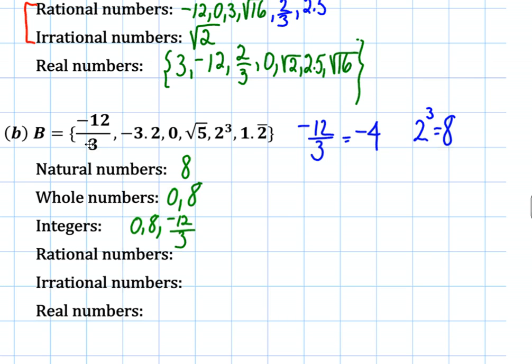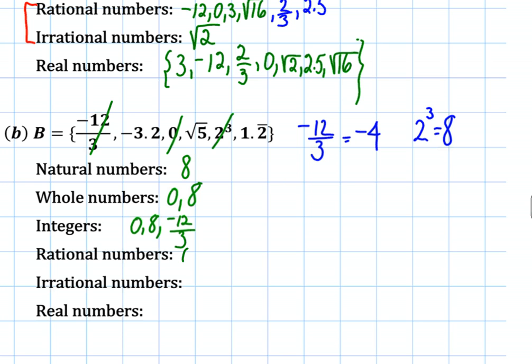Let's go to our rational numbers and let's go back and cross these out. Our rational numbers are in the form of A over B, or they would also have terminating decimals and repeating decimals.